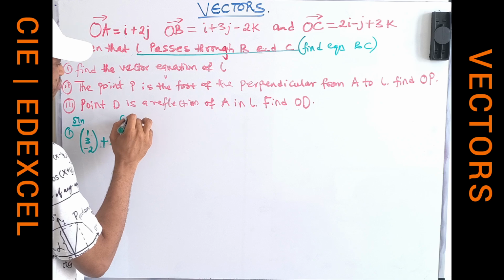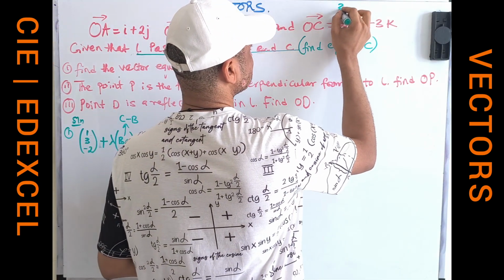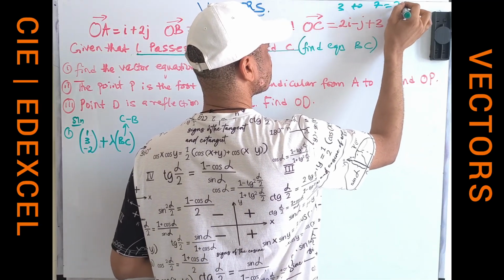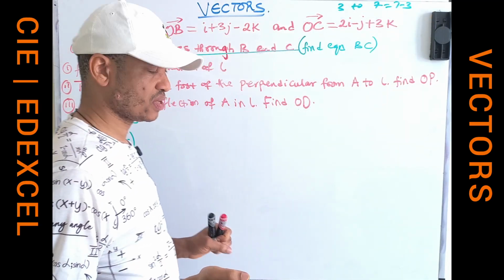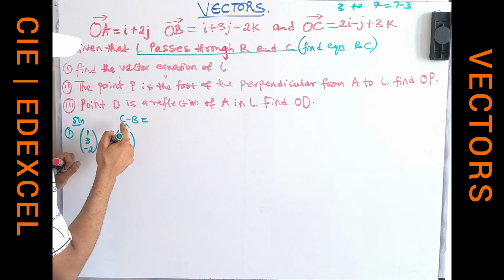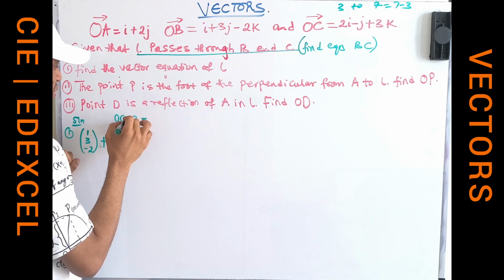And how can I find BC? This is C minus B. Remember I said 3 to 7. What is the distance? It is 7 minus 3. Same thing. So C minus B, which is the same thing as OC minus OB.